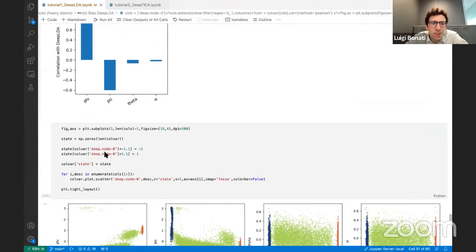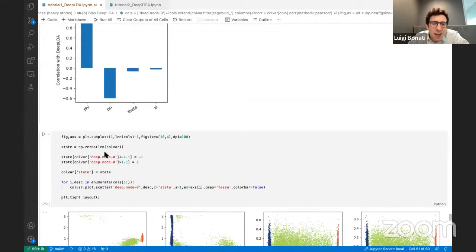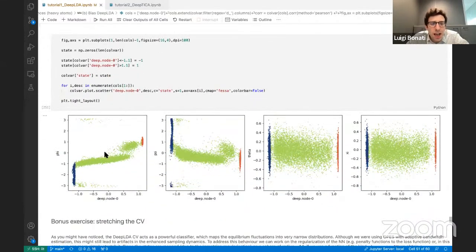However, this is only half of the story, because if we plot, here I plotted on the x-axis the deep LDA CV, while on the y-axis all the different dihedral angles. And we see that, yes, that's true. There is a correlation between phi and the deep LDA CV, as well as this anti-correlation between psi and the deep LDA CV.